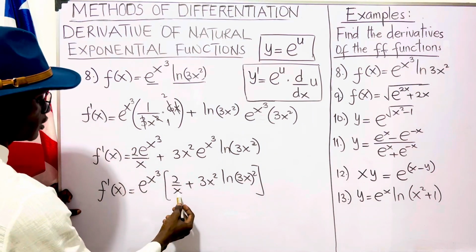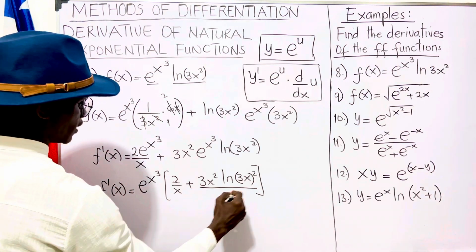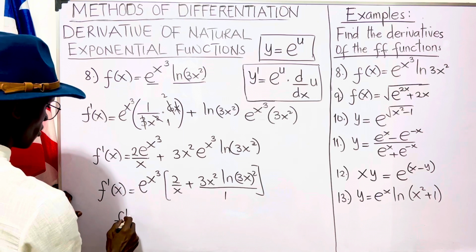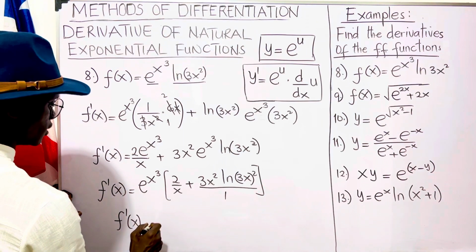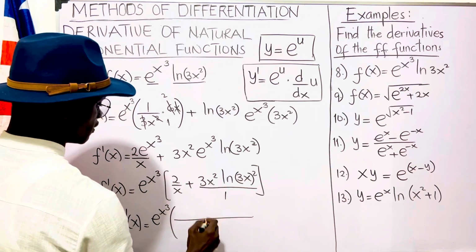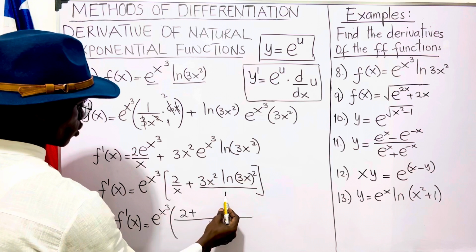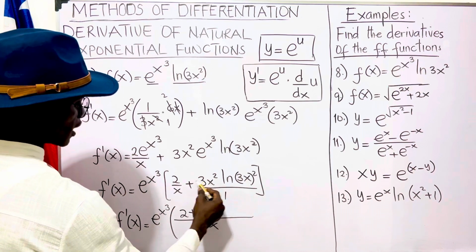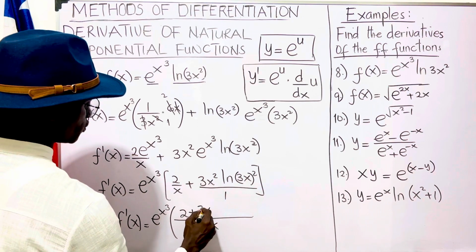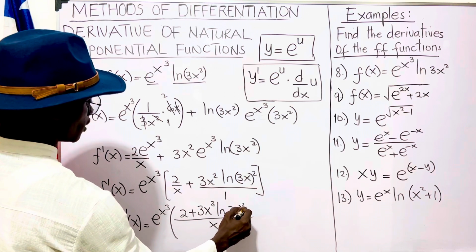If you want to simplify this to have one denominator, you can just find the LCD. So f prime of x is just equal to e raised to the power x cubed, over x. The numerator is 2 plus x times 3x squared, which gives us 3x cubed ln of 3x squared.